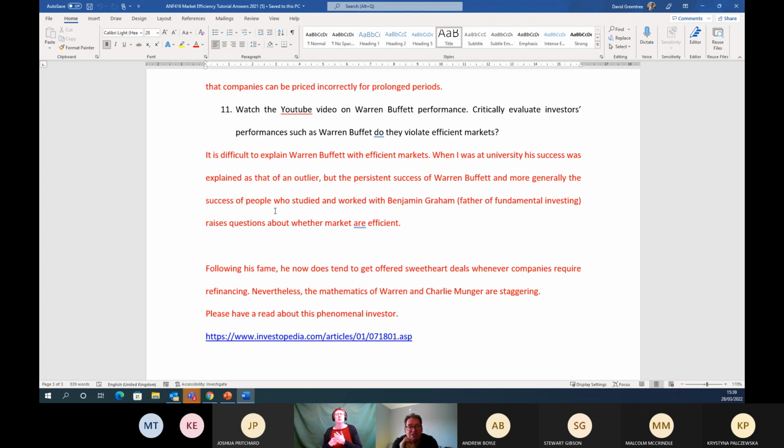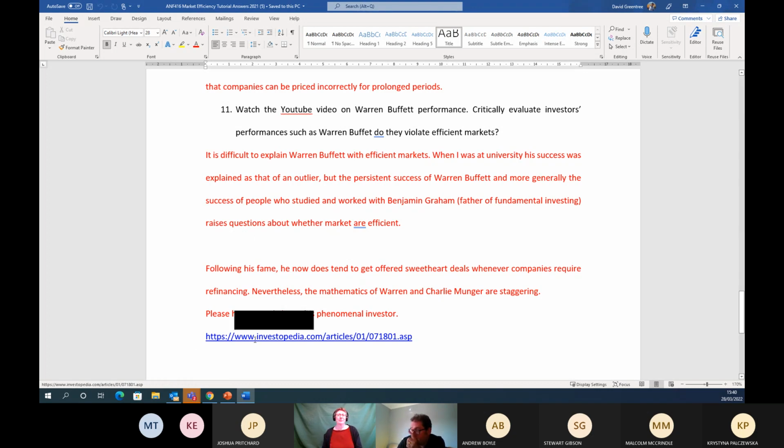So how efficient are markets? And because of his success, Warren Buffett will get preferential treatment and preferential deals when companies require refinancing and things like that. So he's brought on his own success, which has generated more success for Berkshire Hathaway.